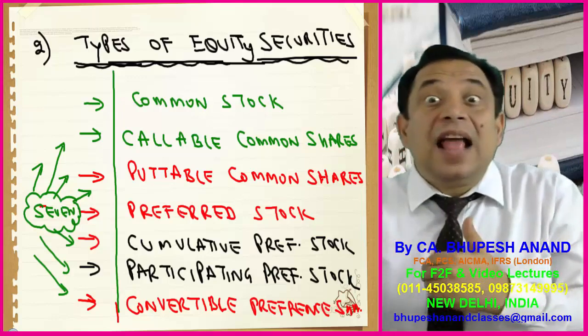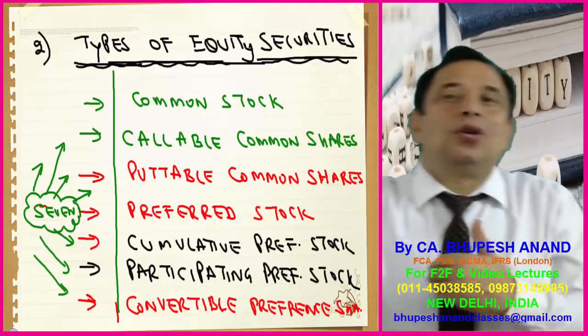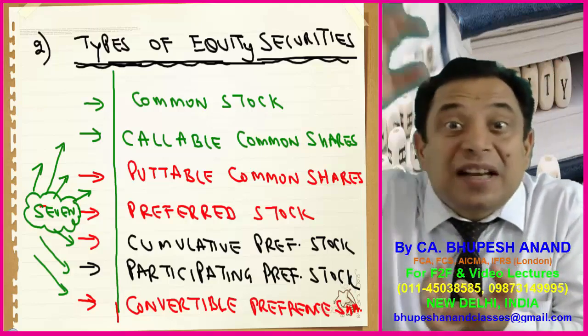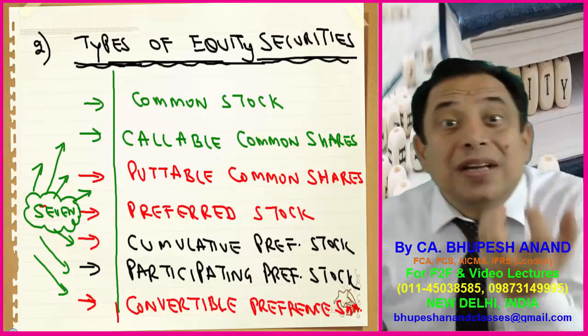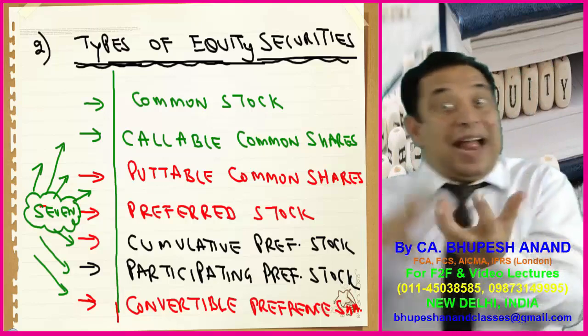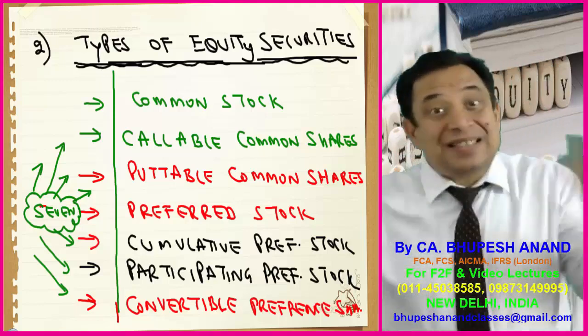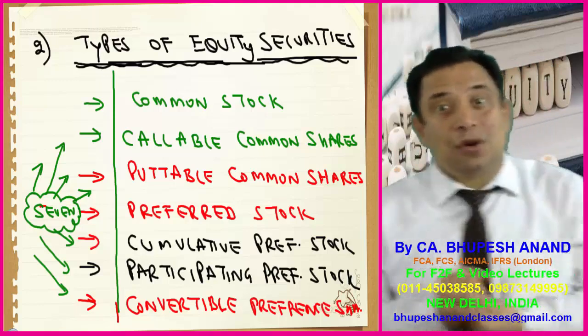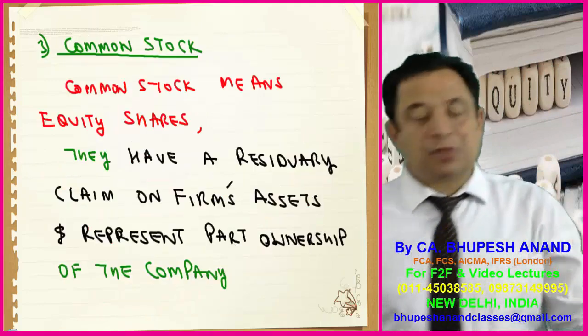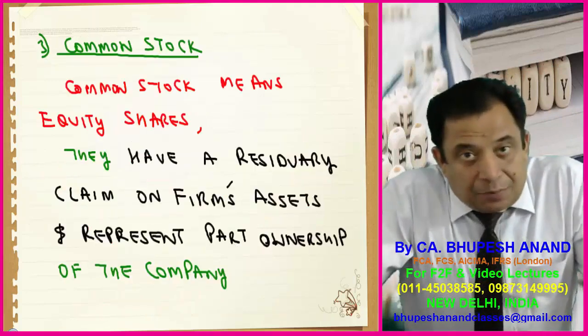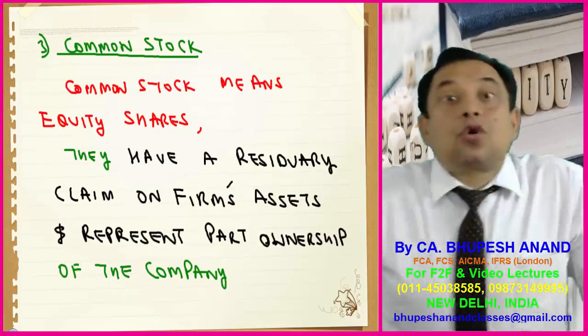It means even after paying preferred stock also, the remaining part, the residuary claim, is given to equity holders, and the rate of dividend is not fixed, and they have the voting right. So these are the features of a common stock. So please write down this first point. The first type of share which we are discussing is named common stock.